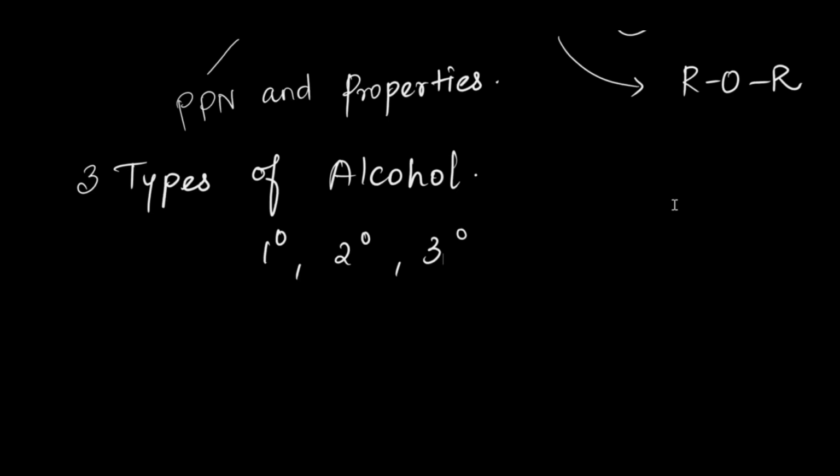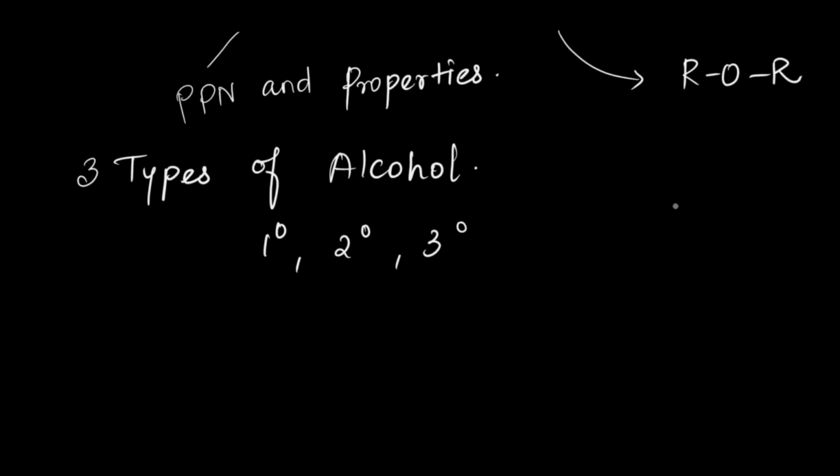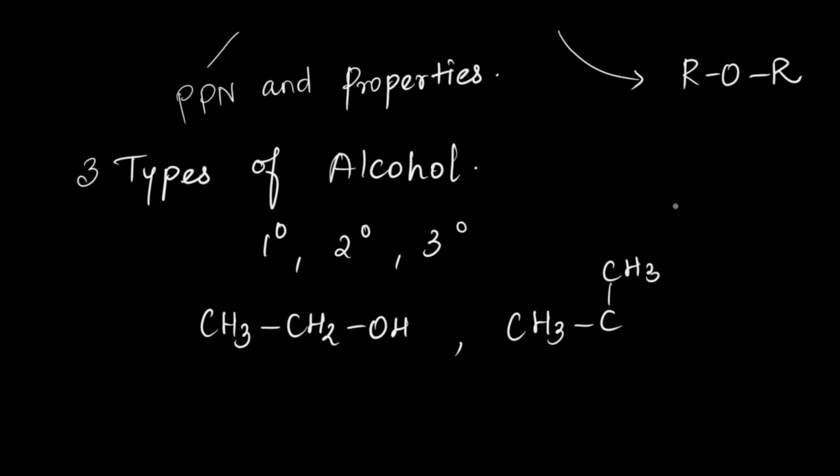Primary alcohol will look like the CH2 group attached with OH. In case of secondary, one carbon is attached with two CH3 groups, two substituents, with OH attached to it, and then in case of tertiary, three CH3 groups or any other substituent attached to a carbon.